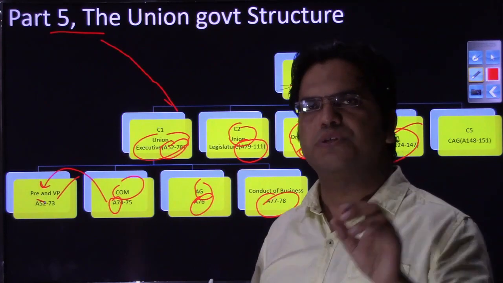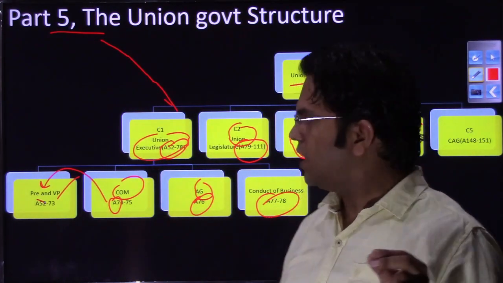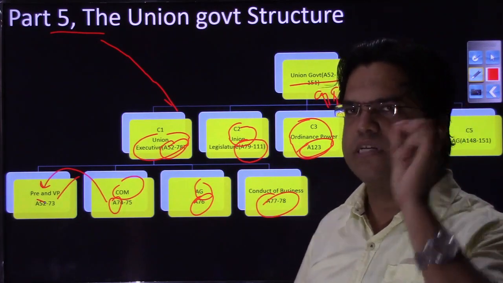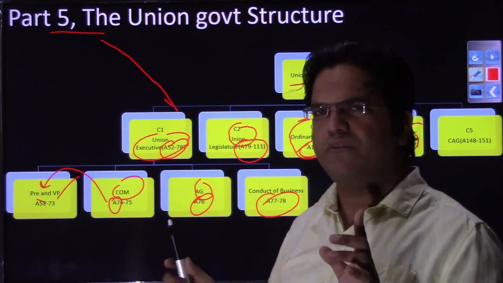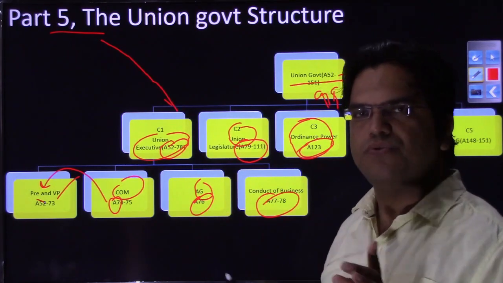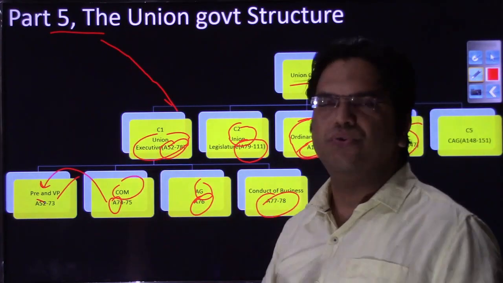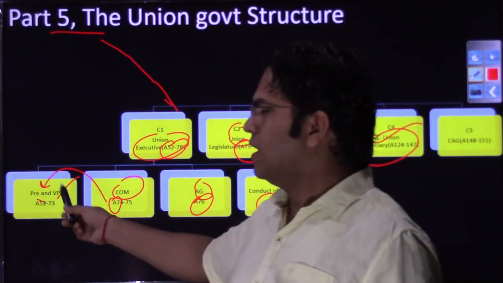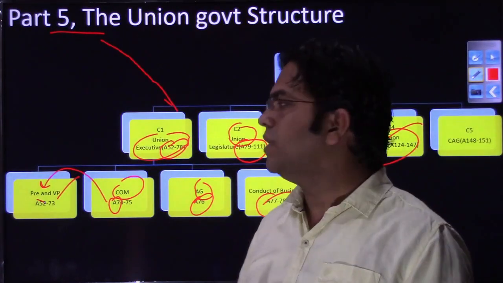If in the options, against President, you have Article 155, and you have even remotely seen it, you would know that 152 onwards deals with state government, not union government, while the President is in the union government, and that too in the union executive. It would be somewhere around Article 50 or 60, so you would be able to eliminate.